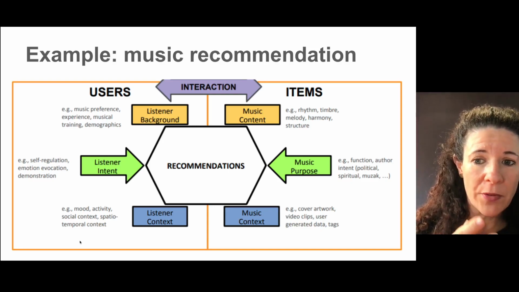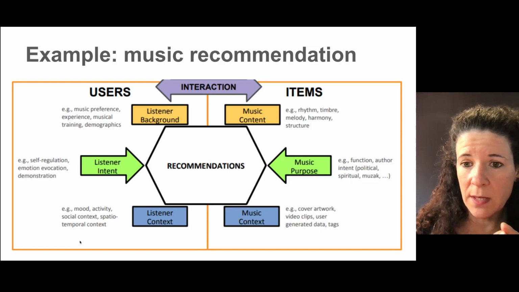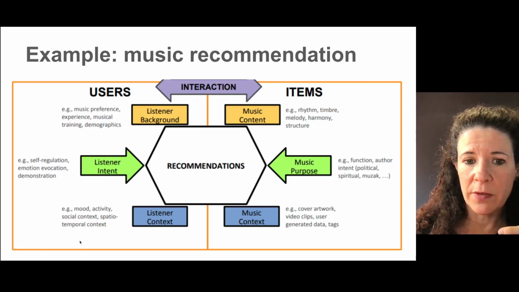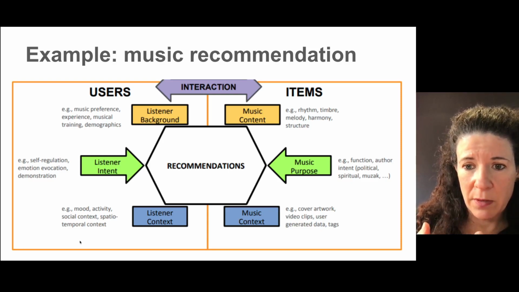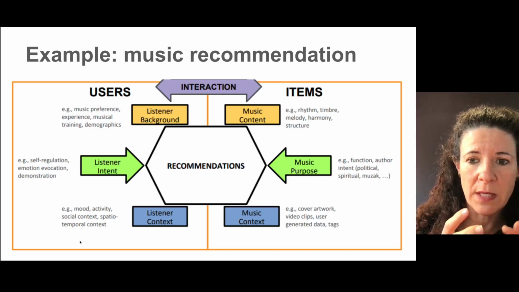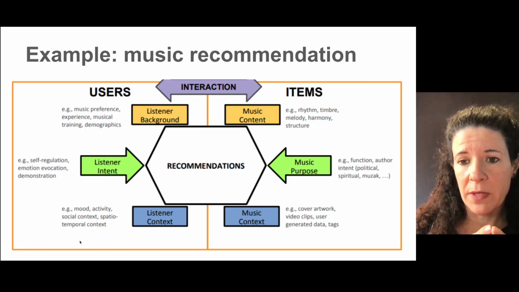Maybe the author himself has some kind of political intent, for example. You can also use a lot of other things about the music itself. If there is a music with video, you can use features about the video, and so on. So these are some of the information that can be used in a content-based music recommendation system.